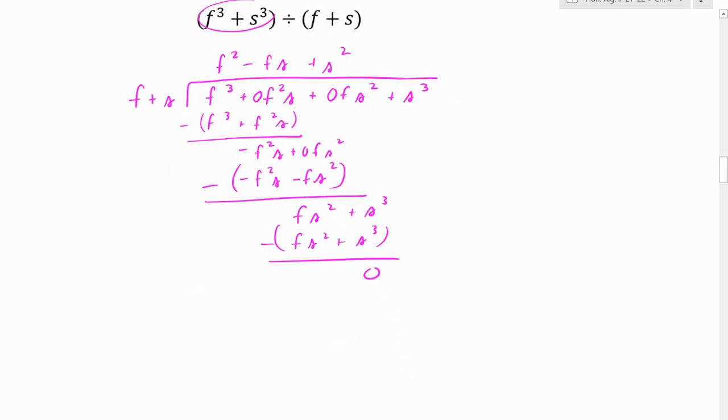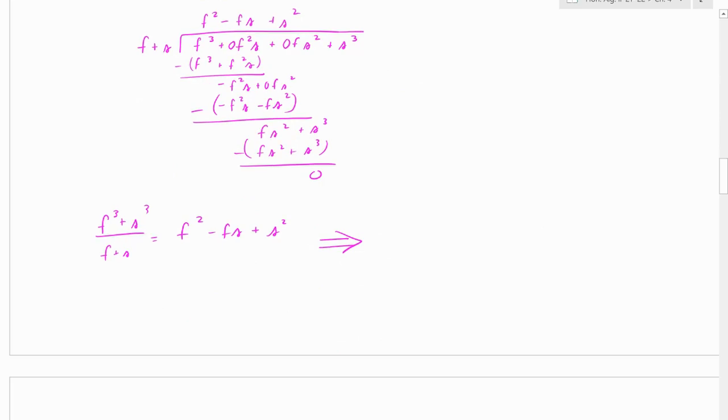So what I just figured out is that f cubed plus s cubed, when I divide it by the quantity f plus s, I get f squared minus fs plus s squared. But what that means is that if I were to multiply f plus s times f squared minus fs plus s squared, I would get f cubed plus s cubed.